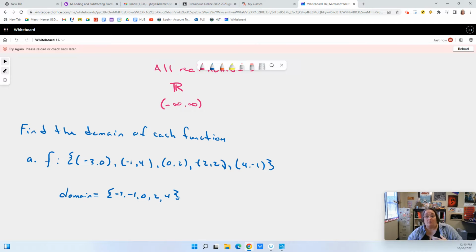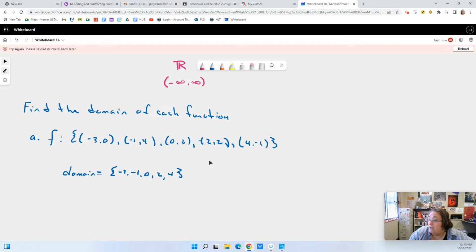Because those are all of our input values. Those are all of our x values. That first part of the coordinate point would be our domain. If I asked you the range on that one, you would give me all of the y values. But it won't always be set up like that.